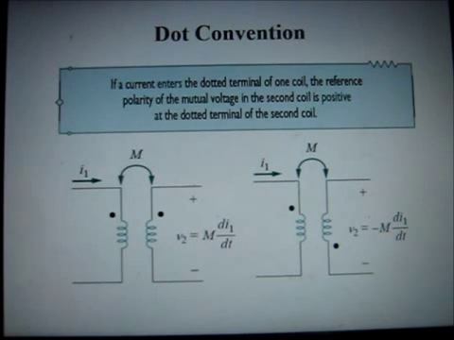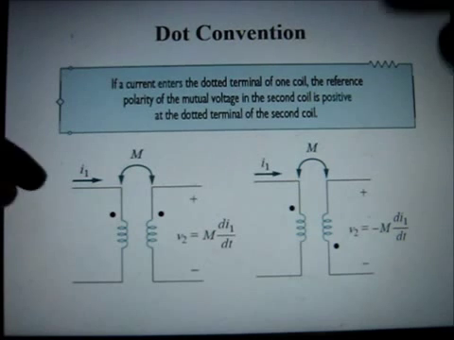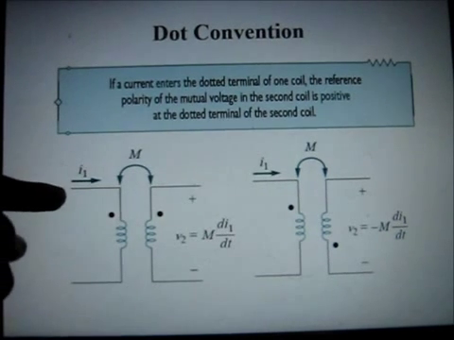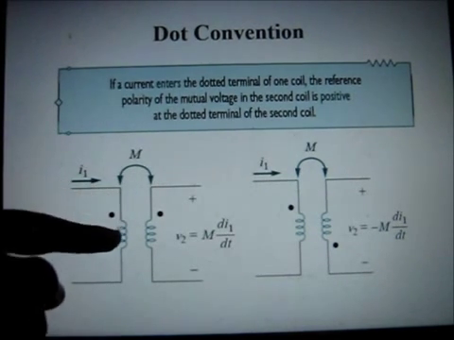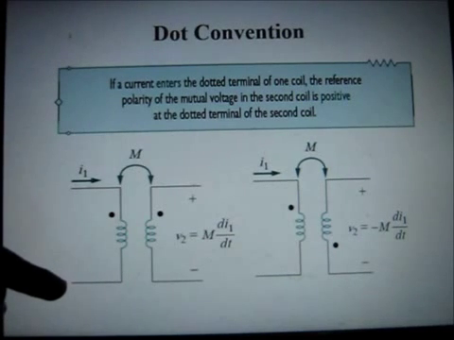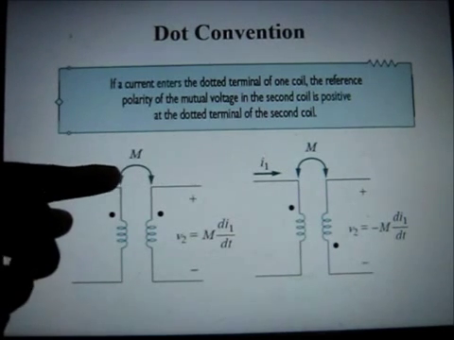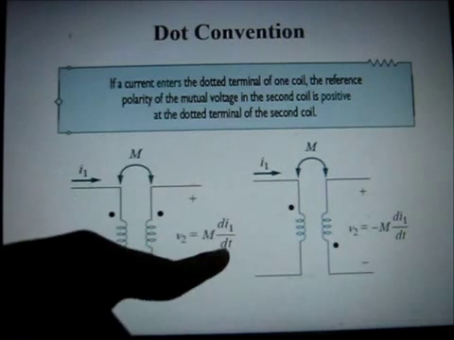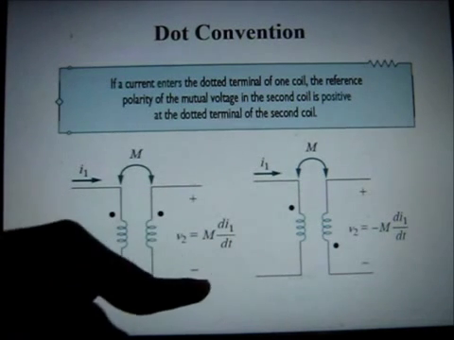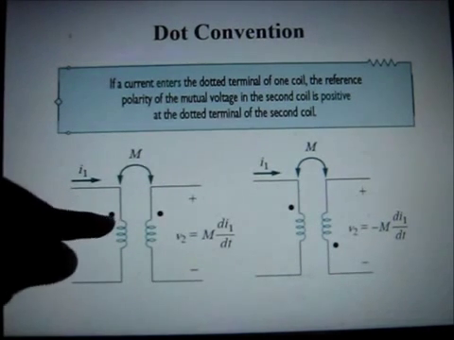I guess this statement is quite difficult to understand. So in simple way, you can see this picture. The current flows through this coil in this direction. There is a mutual inductance, and similarly in the second coil the current flows in this direction. Now we put 2 dots.